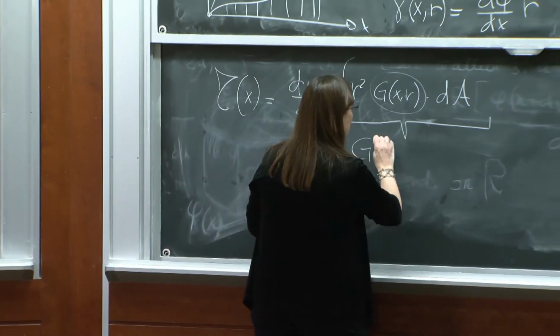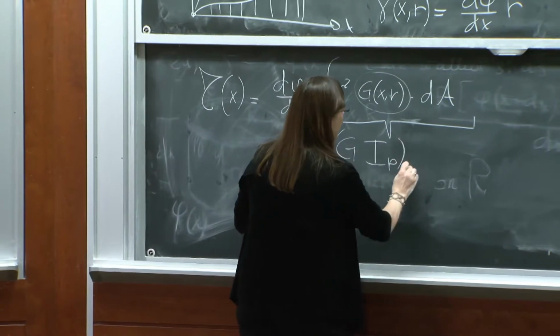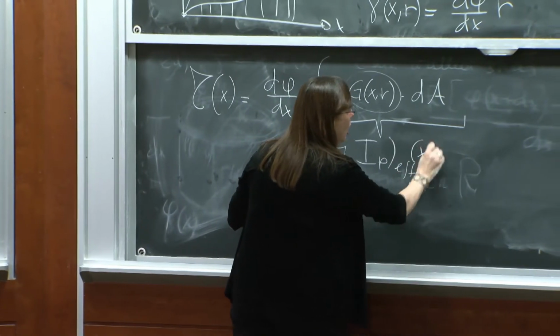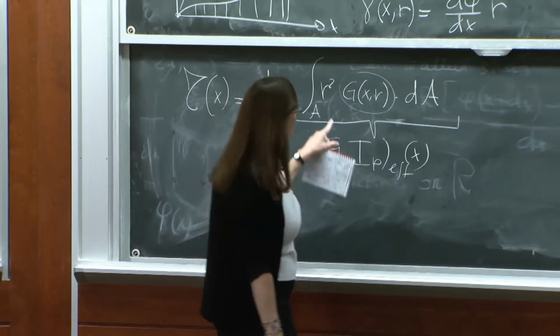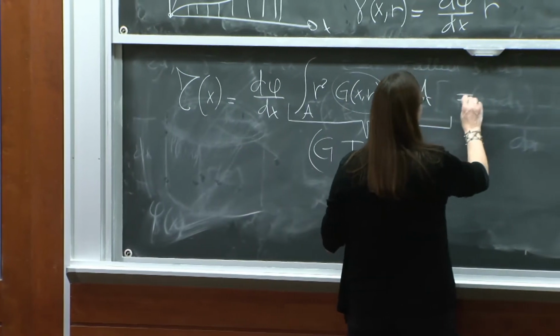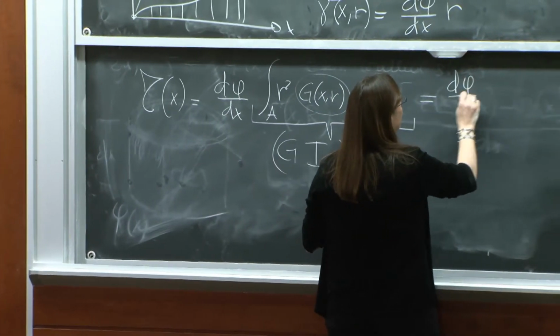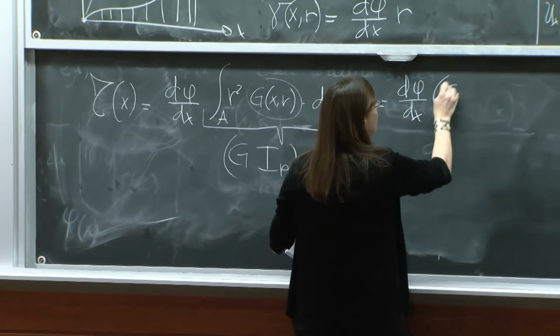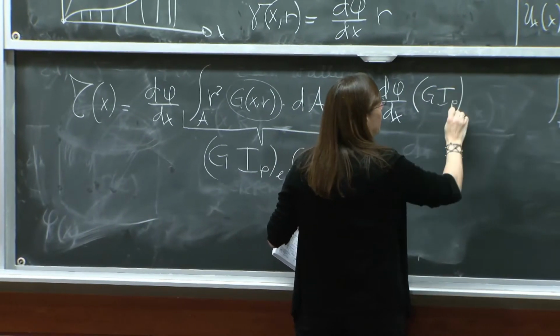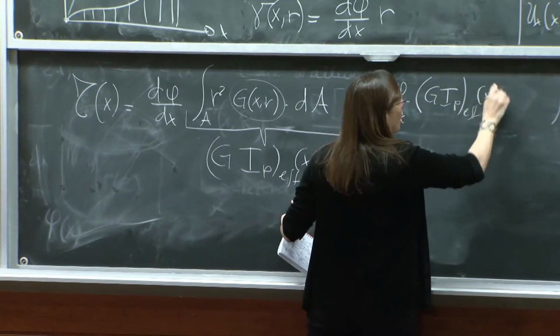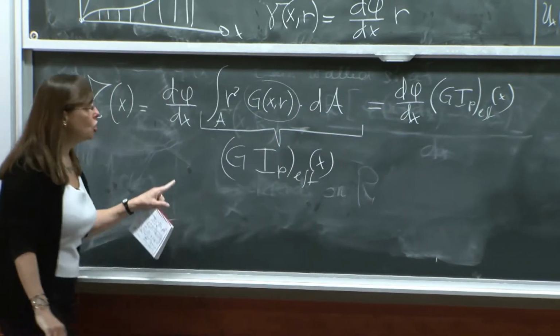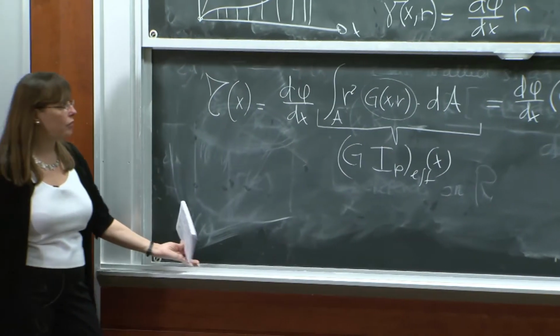So this is G Ip effective of x. So this whole thing becomes simply dφ/dx times G Ip effective of x. So how do I calculate G Ip effective?